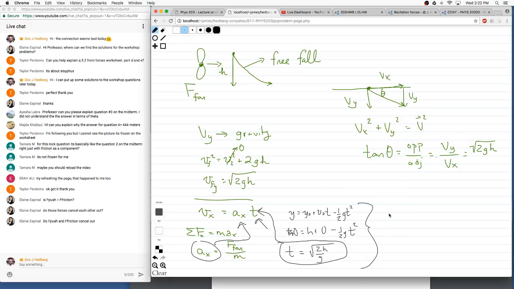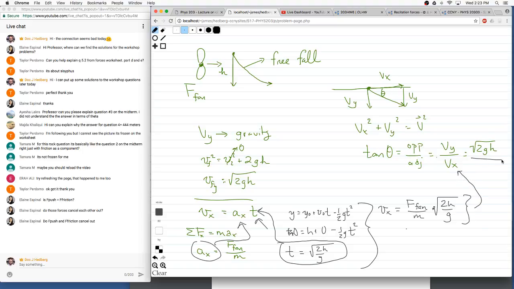When I do all that, I get a new equation for the velocity in the x direction after it falls. That will look something like this: F fan over m times root 2hg. All of this now gets to go in there.